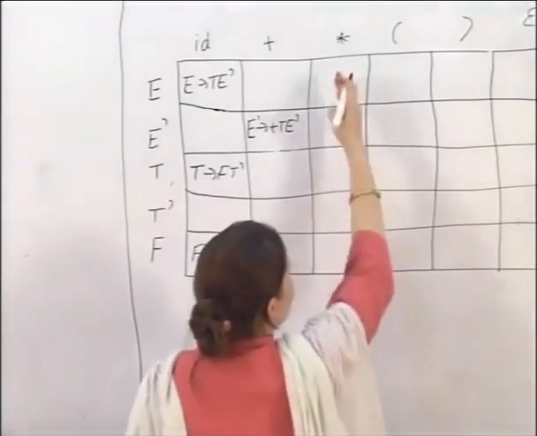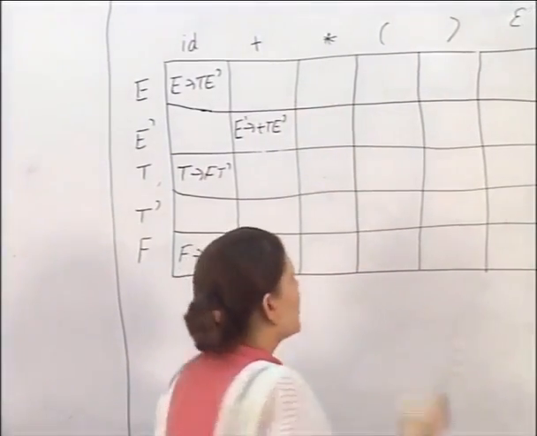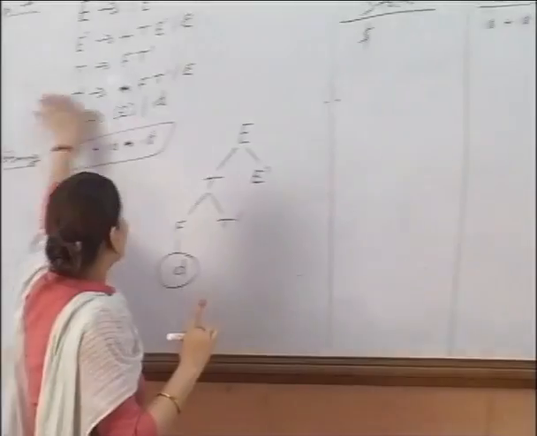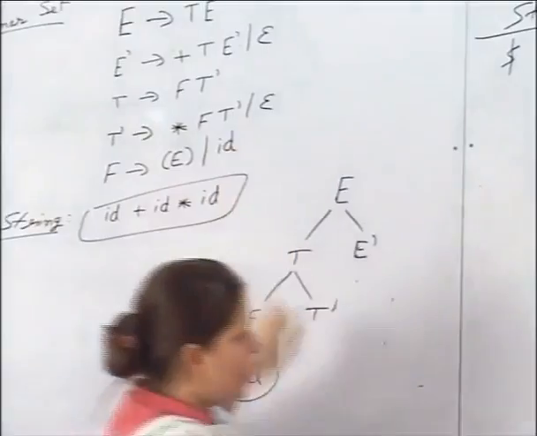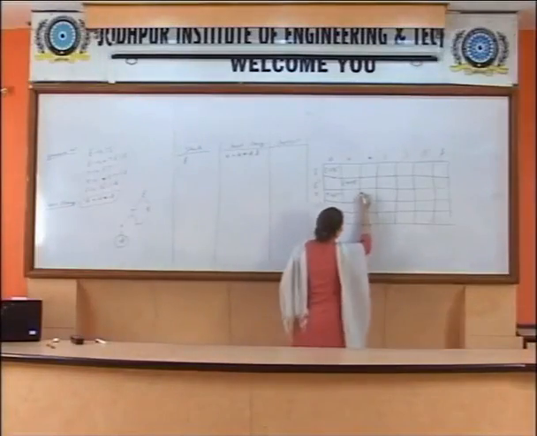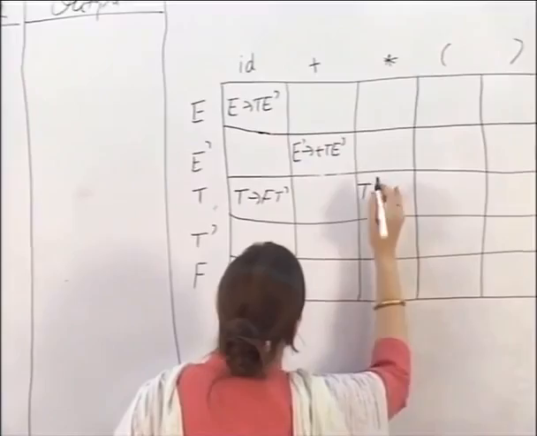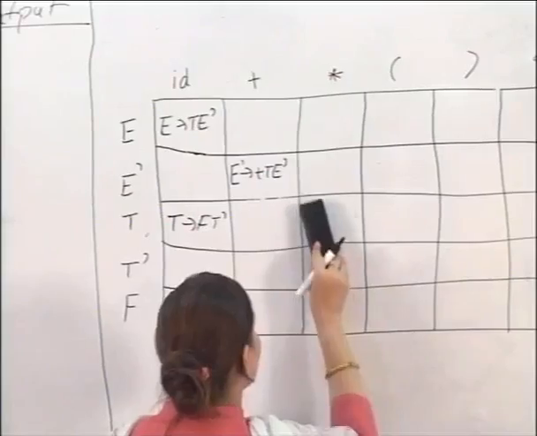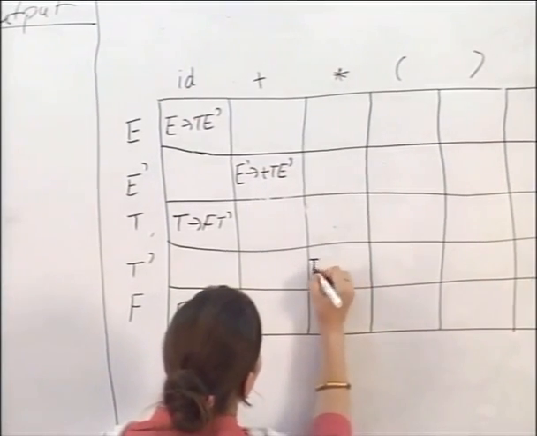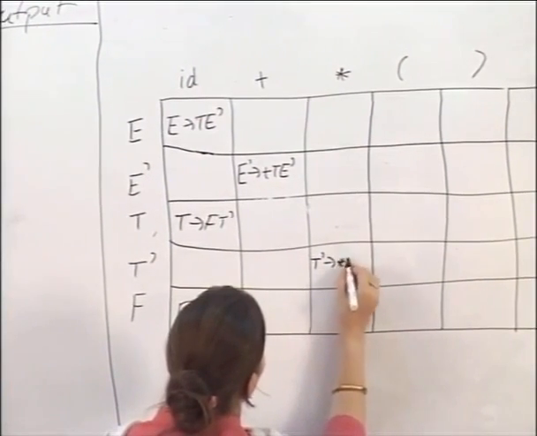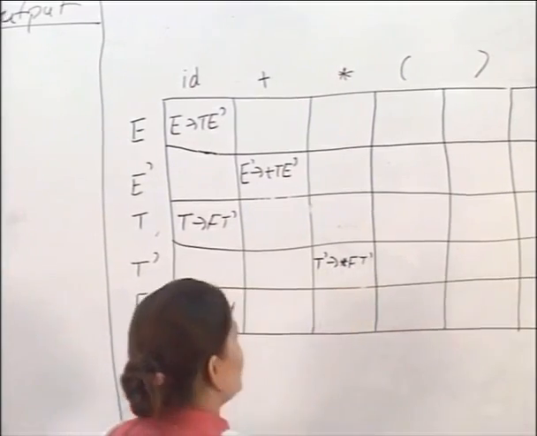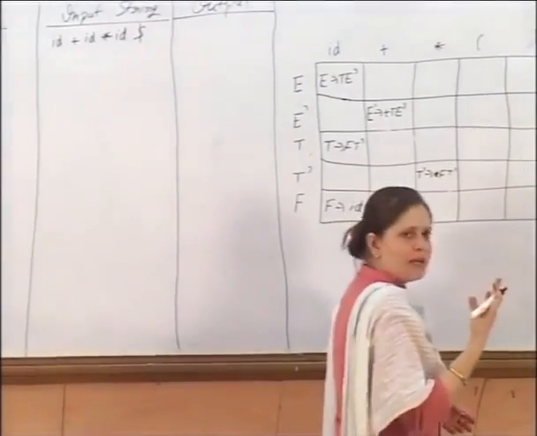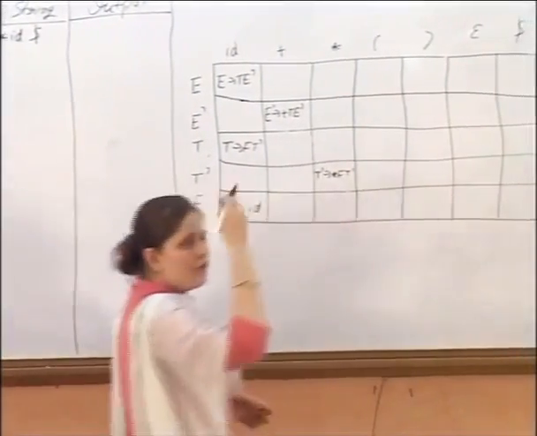So now we will switch to the next terminal symbol, that is star. For this star, we have again a single production, that is T dash star F T dash. That means we will place the entry T dash star F T dash. Now for the next terminal symbol, the round parenthesis, we need to scan.